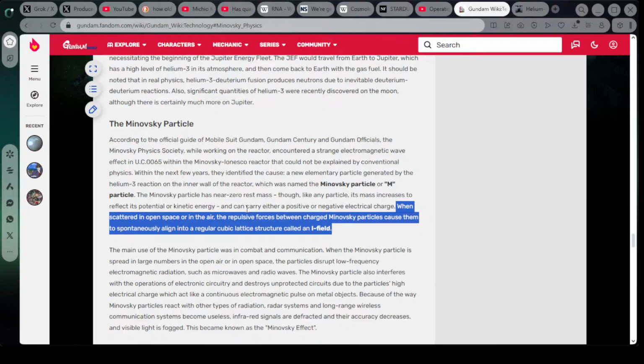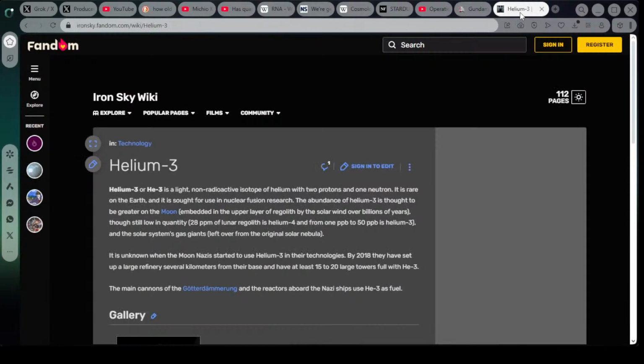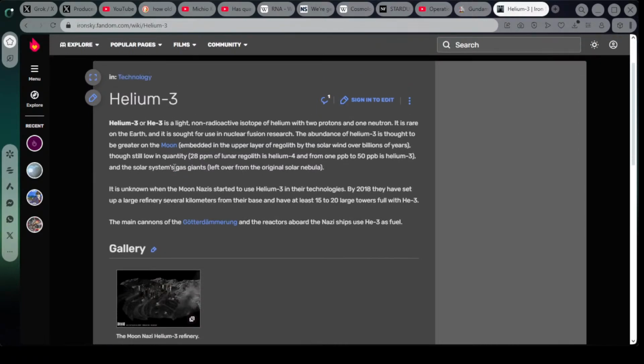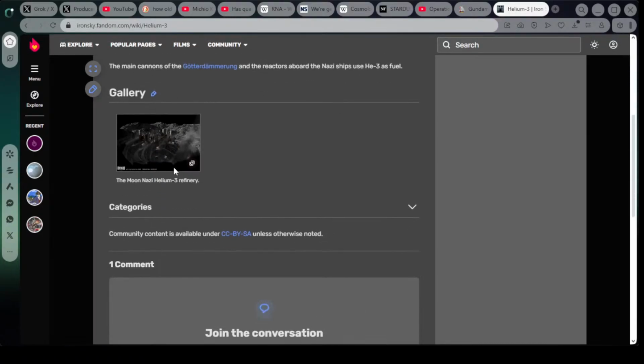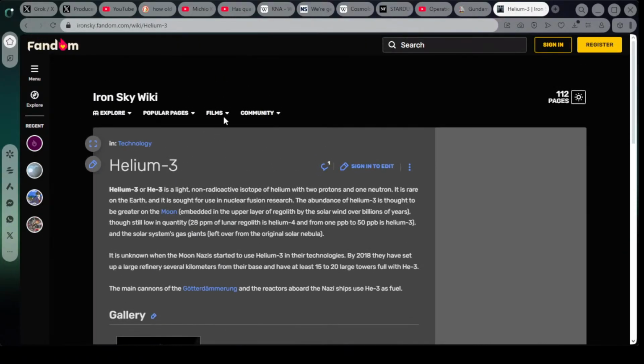This whole Minovsky particle thing, it's not made up. It's like a real thing, right? Because it's the same thing. And then you've just got to watch Iron Sky, but basically helium-3 is actually one of the main focuses of the movie. If you haven't seen it, you're really missing out.